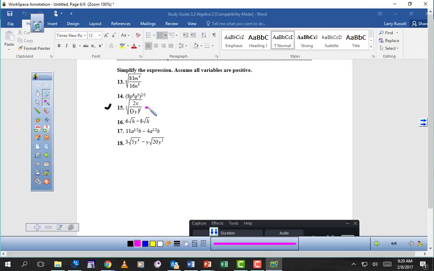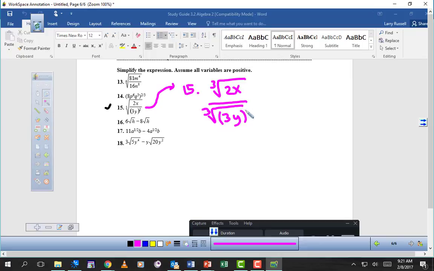For number 15, I can use the quotient property that says this is equal to the cube root of 2x over the cube root of 3y squared.